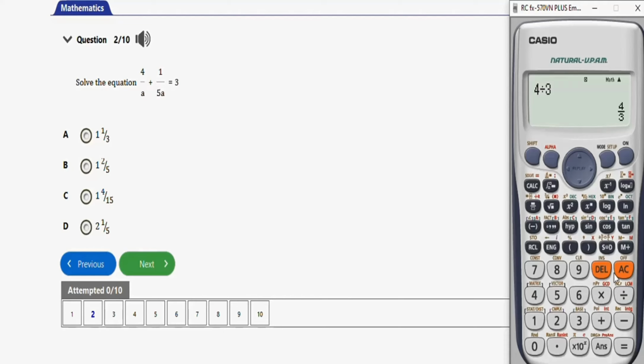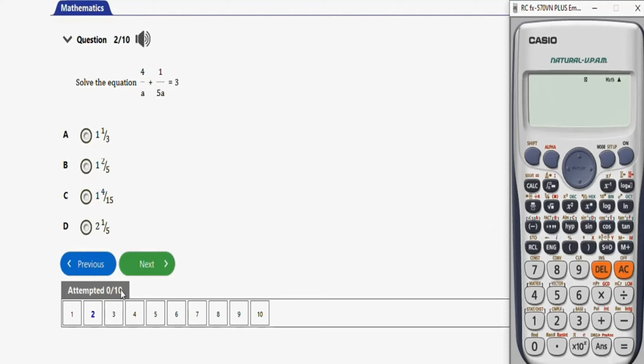Let's verify. That gives 1.3. Okay, let's check option B, 7 divided by 5. That is 1.4 exactly. So the right option is option B. Okay, so that's it for question 2.